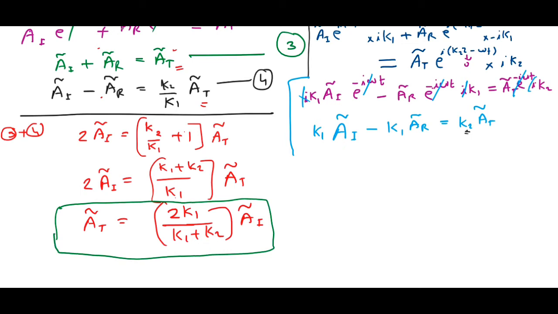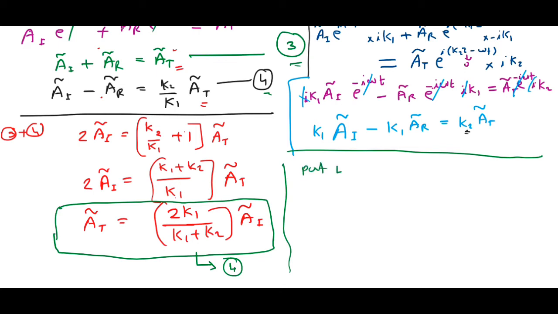Similarly, we will write the reflected amplitude in terms of the incident amplitude. Let me put equation 4 in equation 3; we have to eliminate A_T in equation 3.